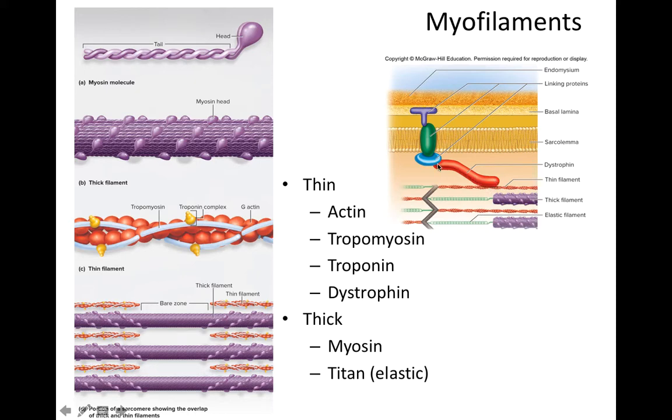It's called dystrophin. This is a protein that is going to allow the tension or the force generated in the contracting sarcomere to be transferred out onto the sarcolemma and then into the actual muscle as a whole. You have to be able to connect the force from the sarcomere to the muscle.